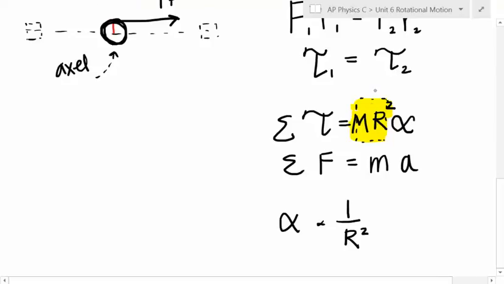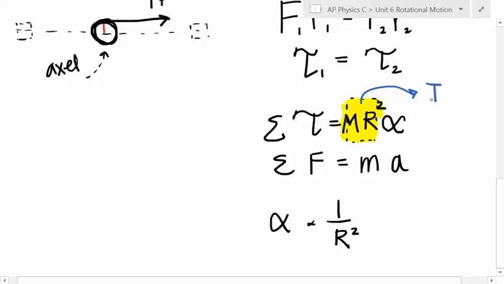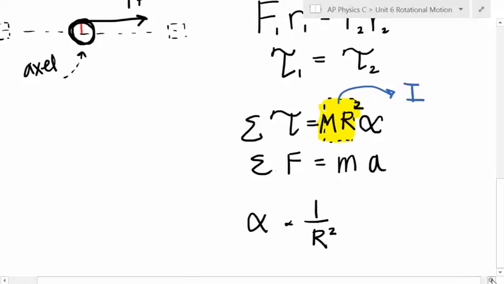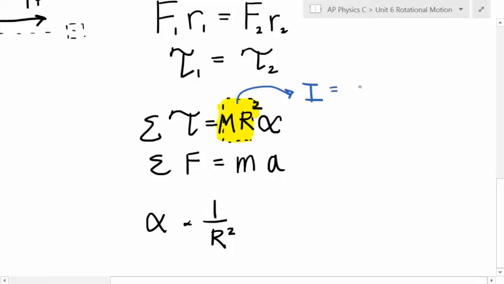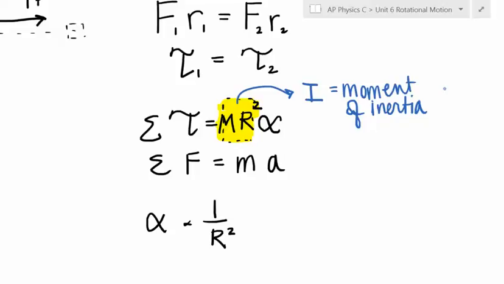And the fancy name for this is the moment of inertia, and the symbol we use is a capital I. So that's what I wanted you to see, that there is this inverse relationship between the acceleration and the radius squared, the position of the masses. So as r got smaller and smaller, alpha got bigger and bigger.